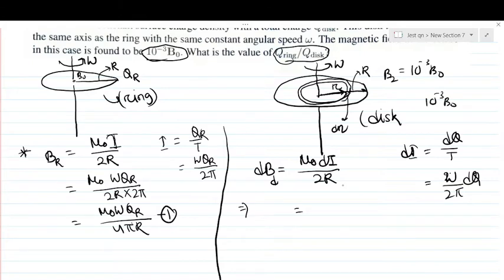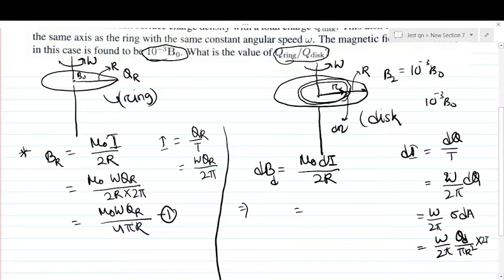As you know, here dq is equal to sigma times dA, so omega by 2 pi, sigma is equal to Q disc divided by pi r square, into 2 pi r dr, that is the dA.